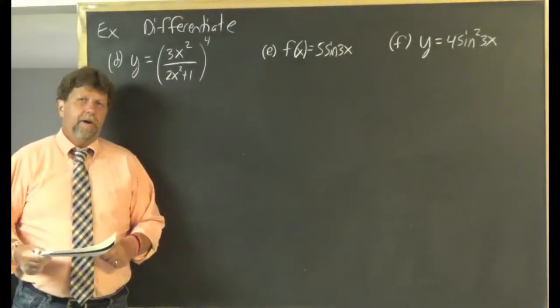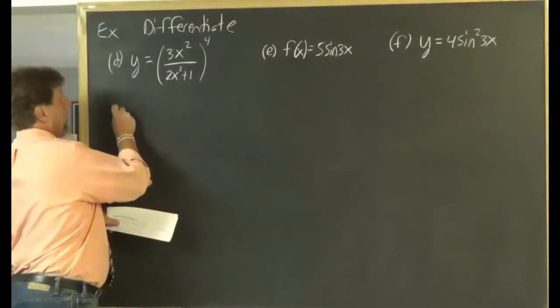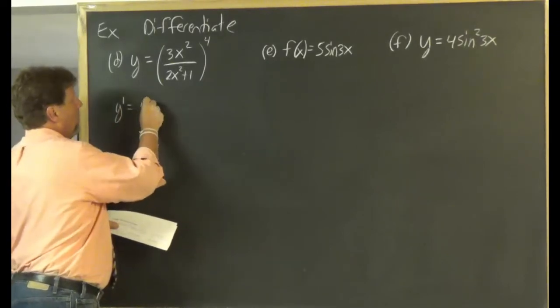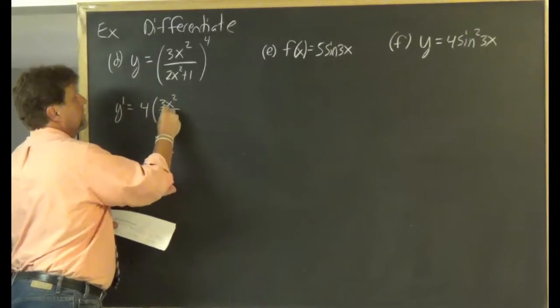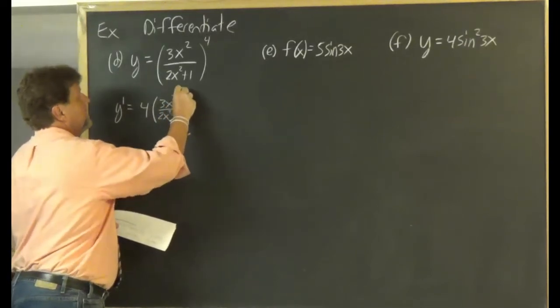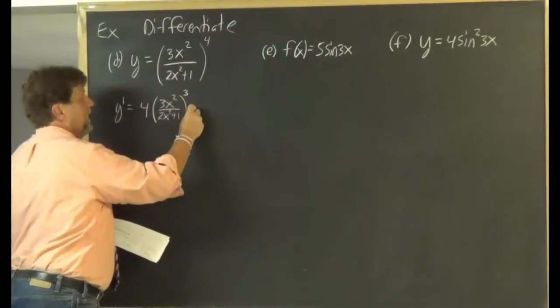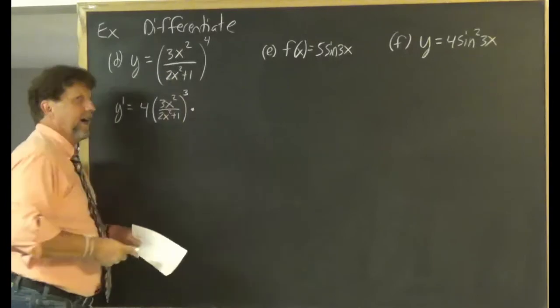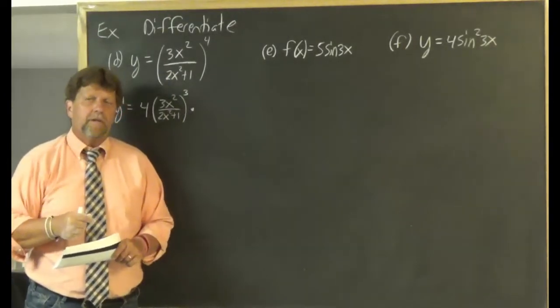Alright, let's see how you did on part D. I'll call the derivative y prime. So we start off with 4 times 3x squared over 2x squared plus 1, to the third power. So that's the derivative of the outside, times the derivative of the inside function, the derivative of 3x squared over 2x squared plus 1.